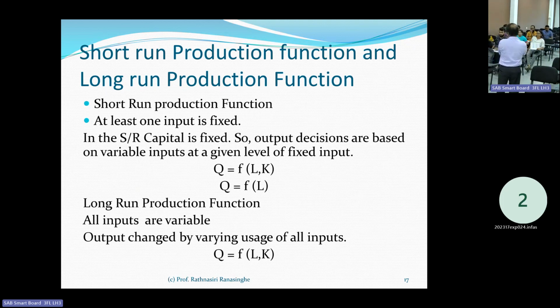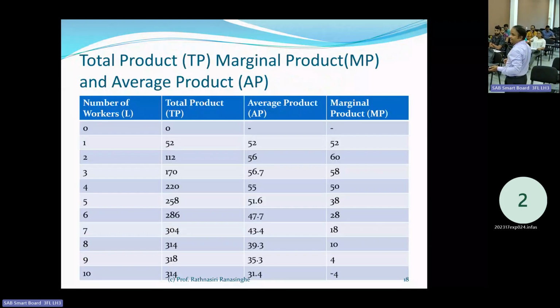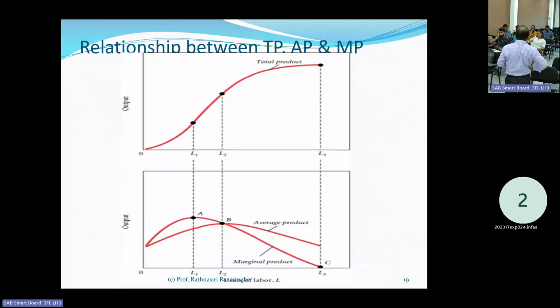So what we talked about last time is how the producer behaves in such a situation, where we talk about average productivity, marginal productivity, and how total output responds to the variable input.